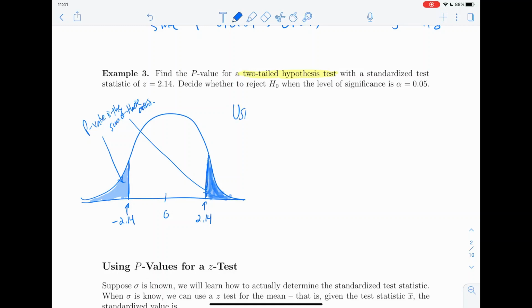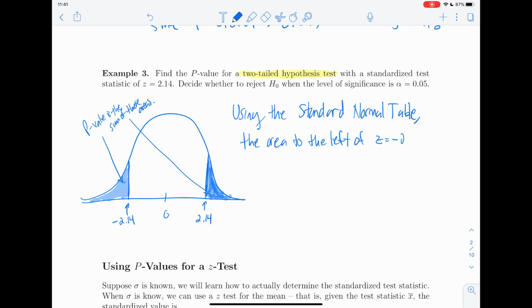So what we'll say is that using the standard normal table, which again, you have access to, the area to the left of z equals negative 2.14 is 0.0162.